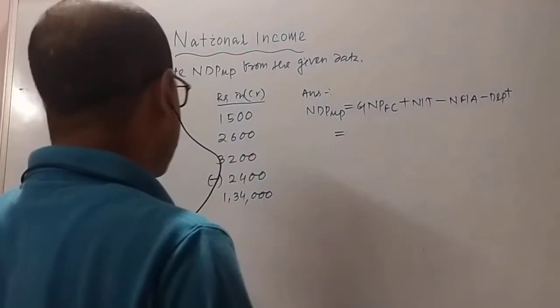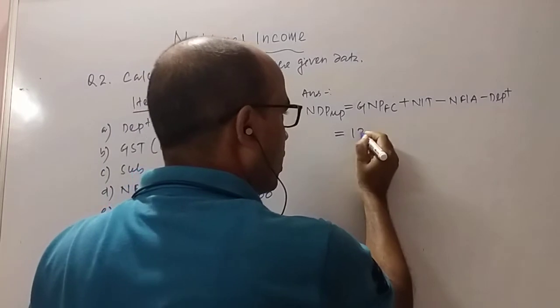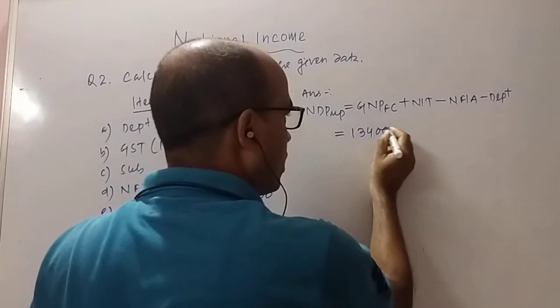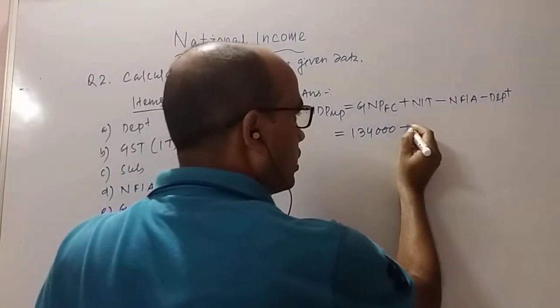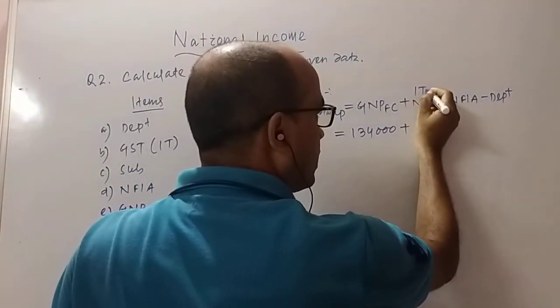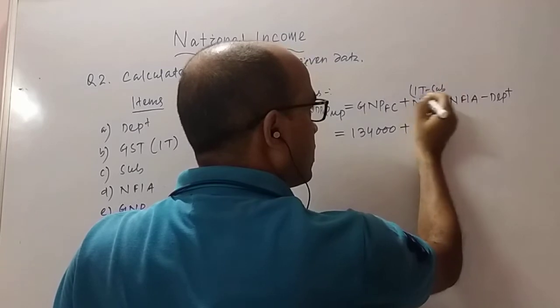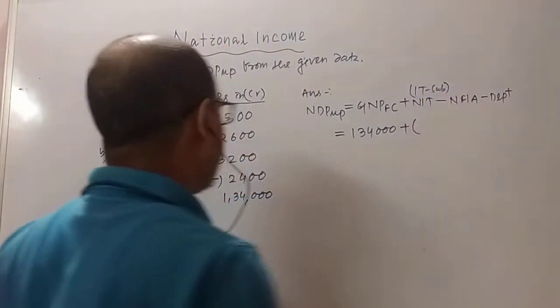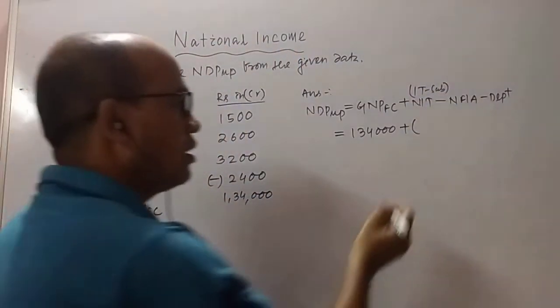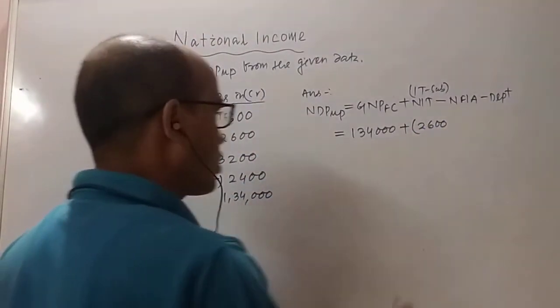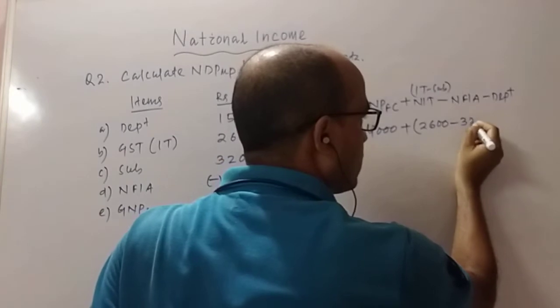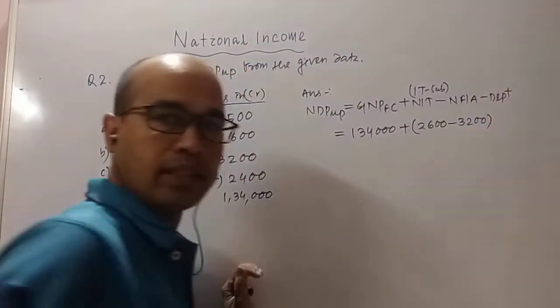GNPfc is given as 1,34,000. NIT is not given, but in the place of NIT you write IT minus subsidy. Your IT is 2600 and the subsidy is 3200.